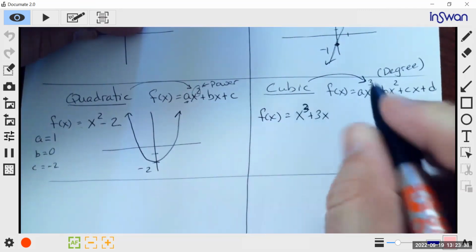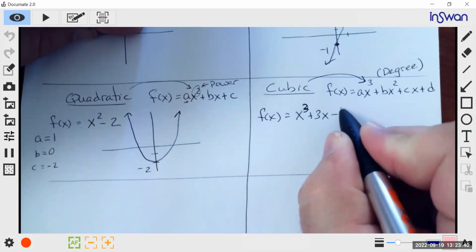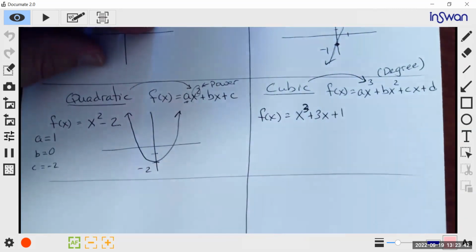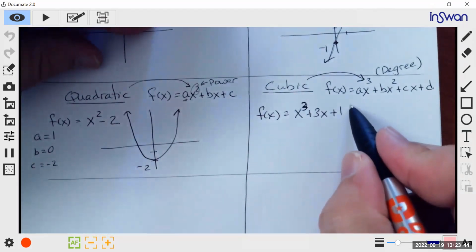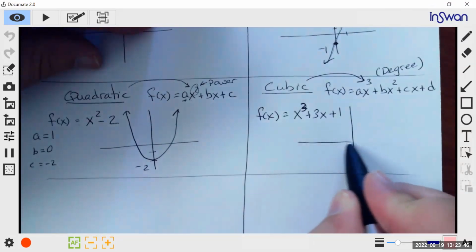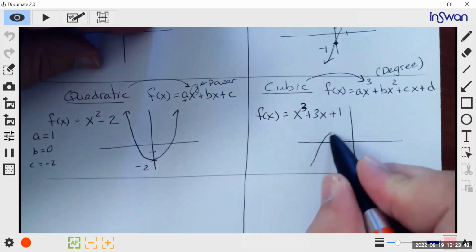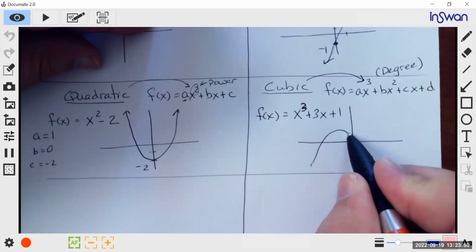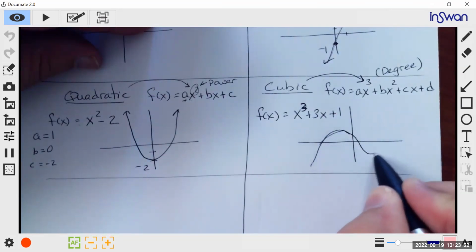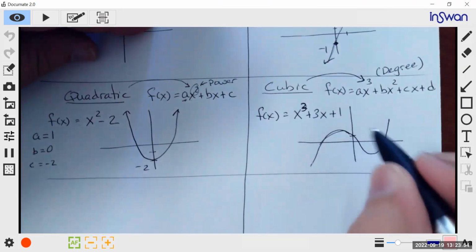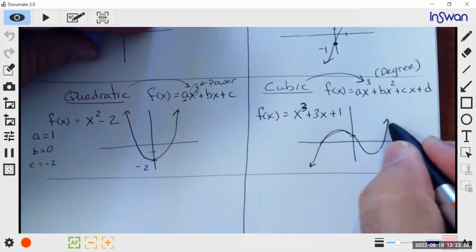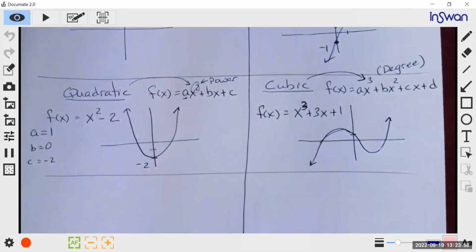Cube. That graph looks something like this.